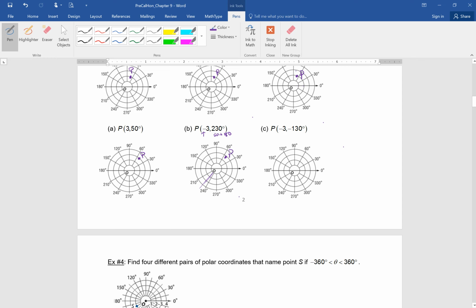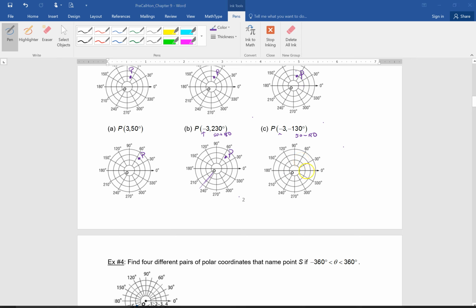One more time. -3 and -130. So what happened here? I changed this to a negative, and this is 50 minus 180. So let's go to -130. Where is that? Right there. Yeah, it's 230. Then I go up here.